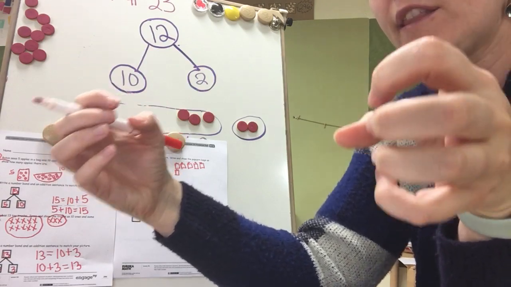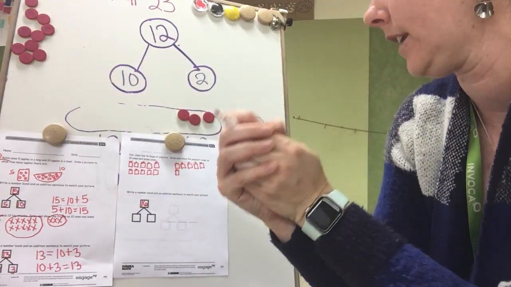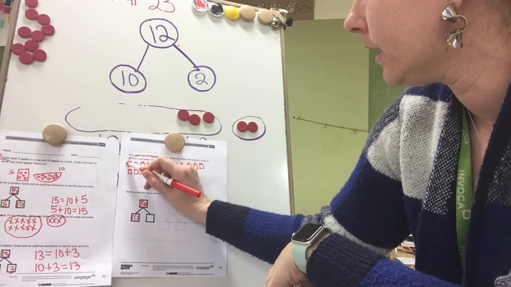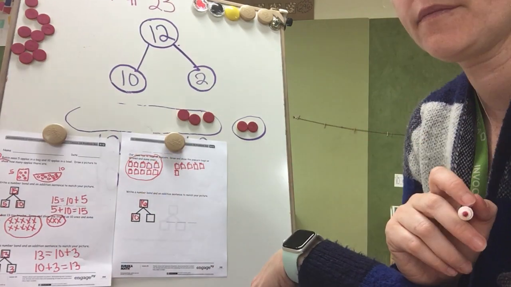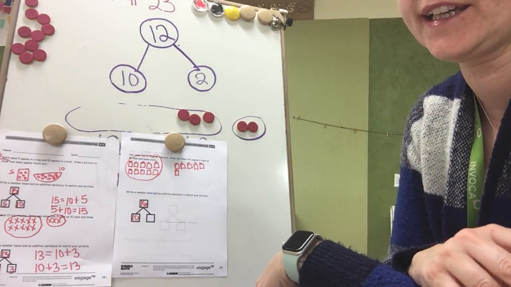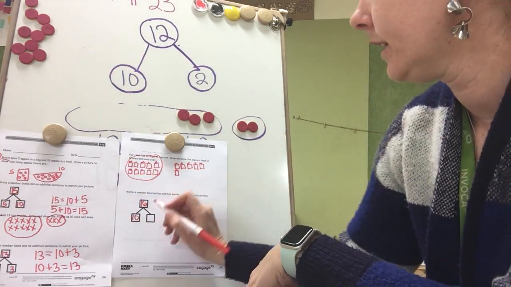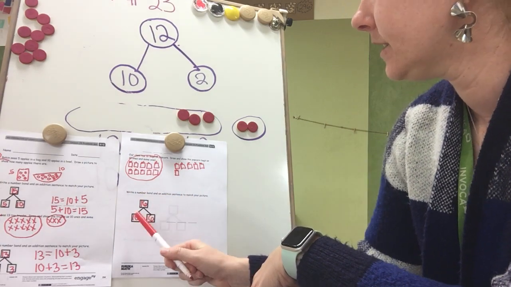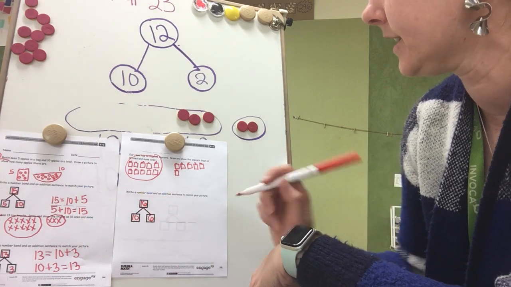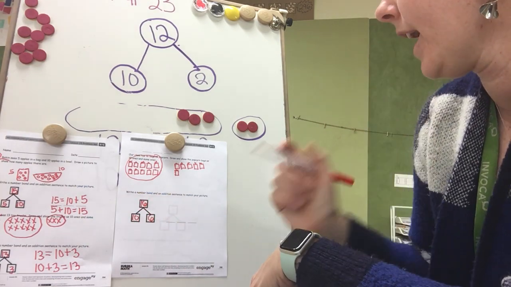Now we're determining the parts to make 16. So one part is going to be our group of 10. What's our second part? 10 and what makes 16? Yes, 6. 10 and 6 make 16. 10, 6, 16. Now let's write our adding sentence.